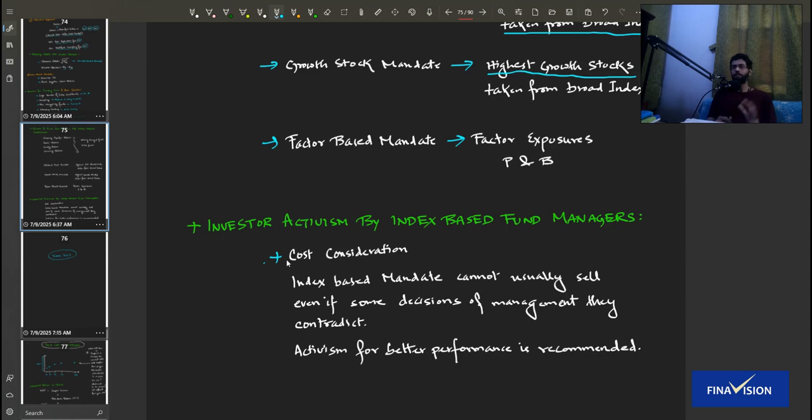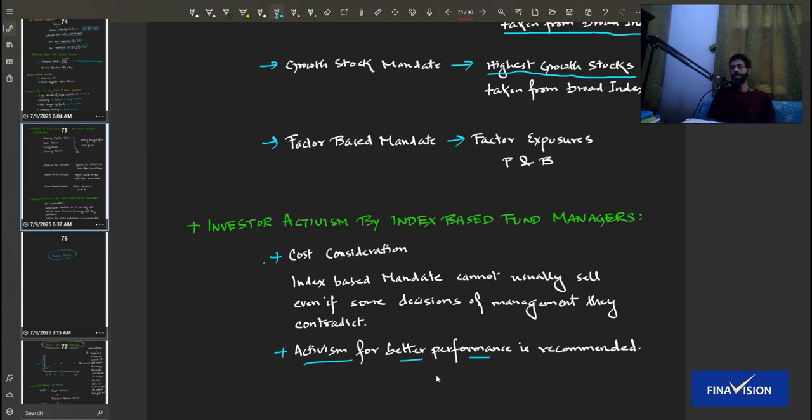That has costs. Now, index-based funds try to reduce or minimize costs. So, one has to do a trade-off on what is a better proposition. And one also has to consider, is activism going to result actually in a better performance? Activism for better performance is recommended, but one has to look at the trade-off.